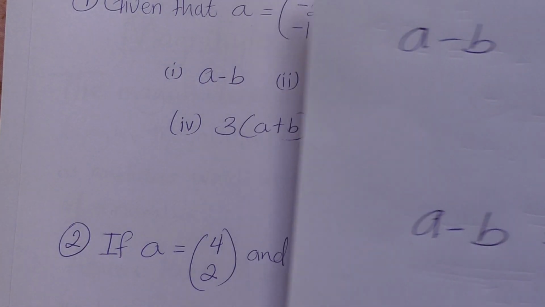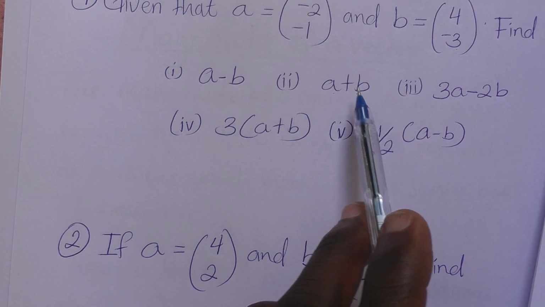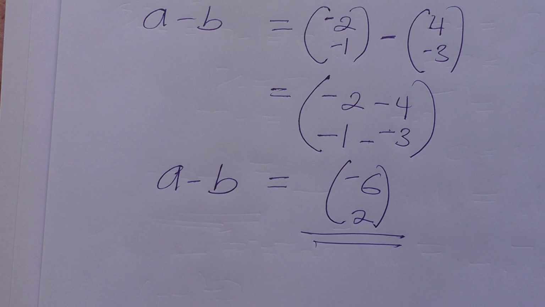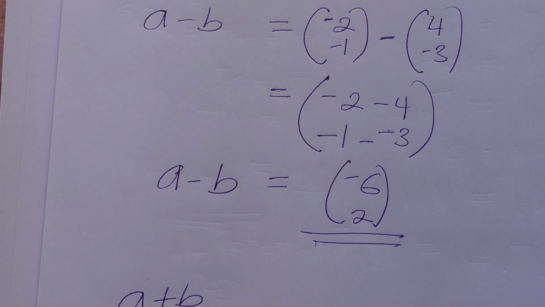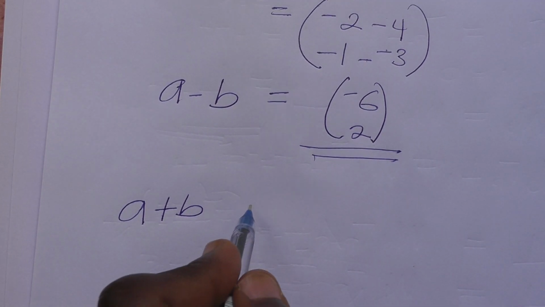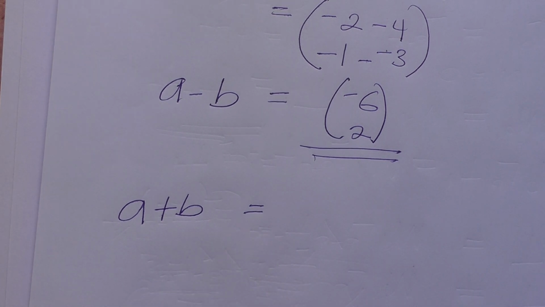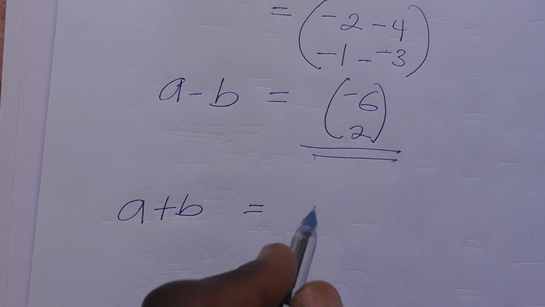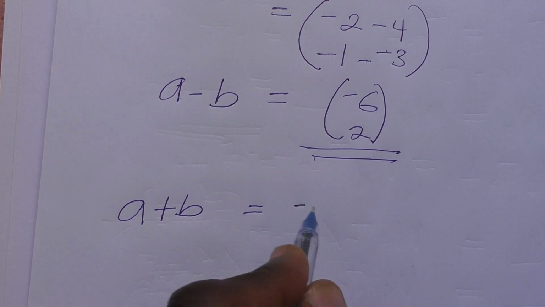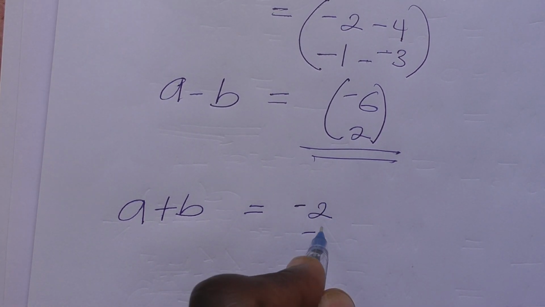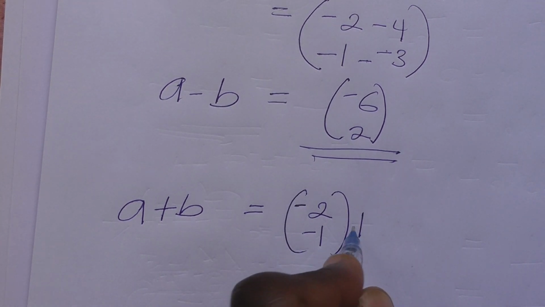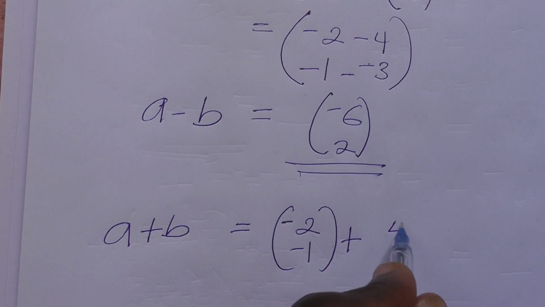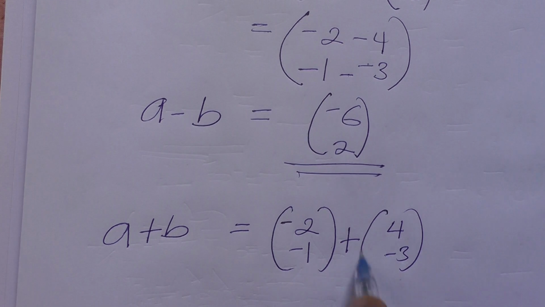Then the question is also asking for A plus B. So we shall do the same, just like we've done in subtraction. A is replaced by its column vector, which is -2, -1, plus B is replaced by 4, -3.